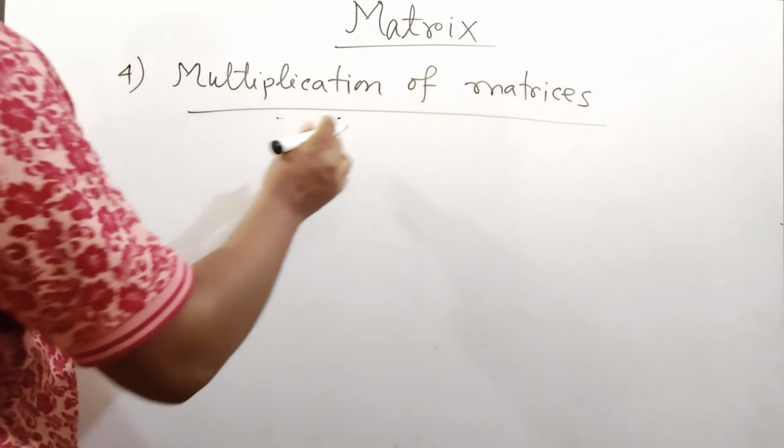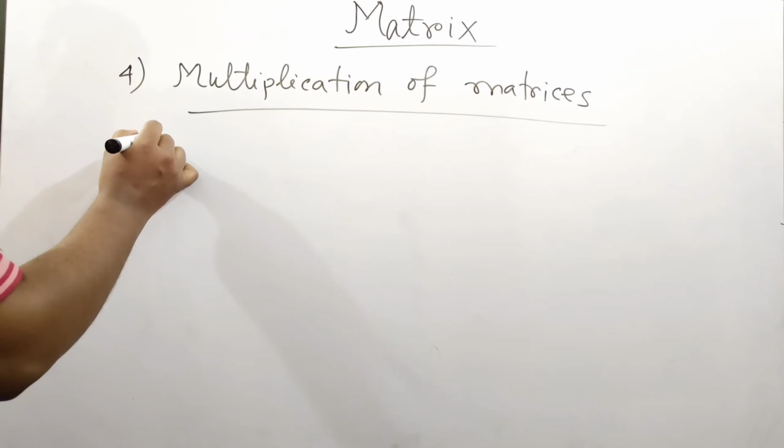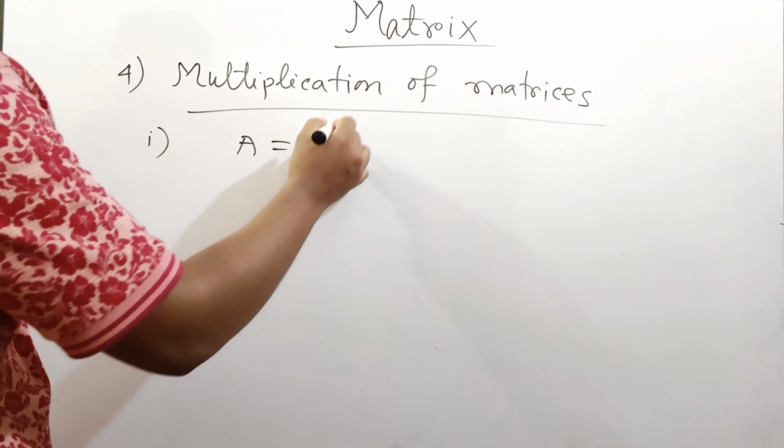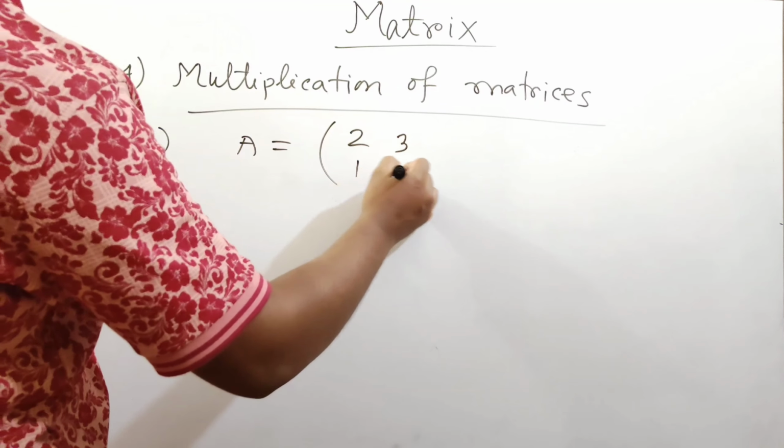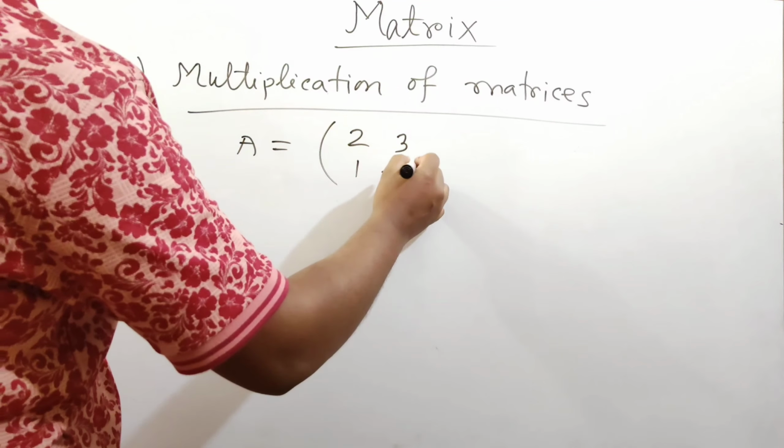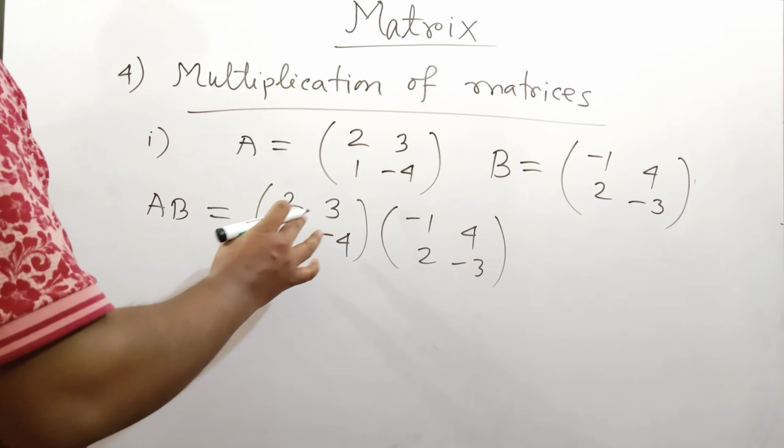Now I'll show some examples of multiplication. Number 1, the question is like that: A is given as 2 1 3 minus 4, and another matrix B is given as negative 1 2 4 negative 3. If the question asks for the value of A multiplied by B, here you need to do the multiplication. You just follow the rules.